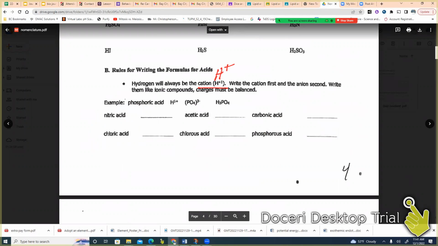But just like an ionic compound, overall the compound must be balanced, so my positive must be equal to my negative. With that being said, the only subscript added would be to hydrogen.